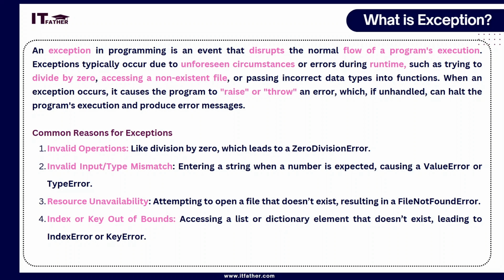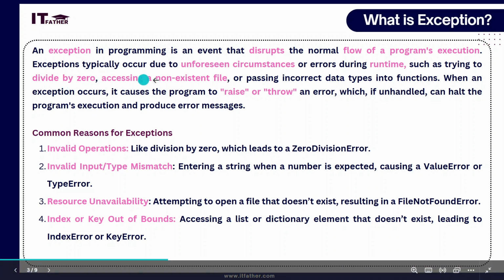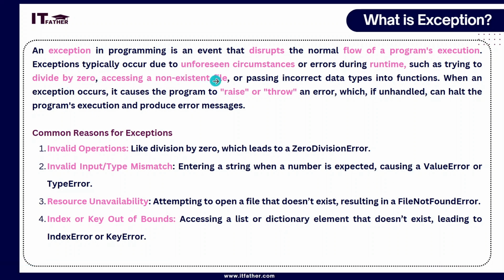So once again we can see कि an exception in programming is an event that disrupts the normal flow of a program's execution. Exceptions typically occur due to unforeseen circumstances during runtime, such as trying to divide a number by 0, accessing a non-existent file, or passing an incorrect data type into a function.